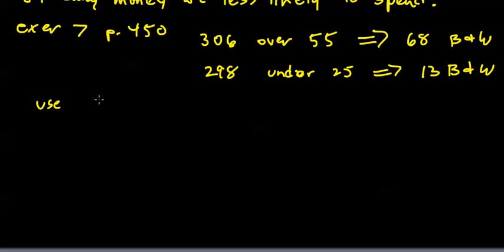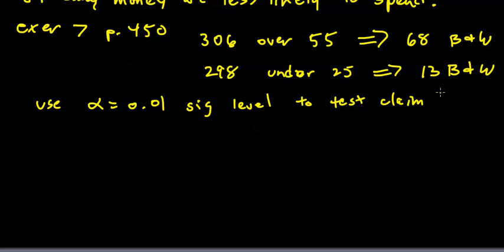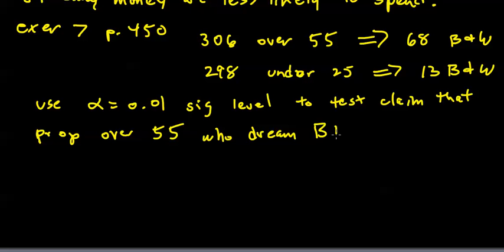Use a 0.01 significance level to test the claim that the proportion of people over 55 who dream in black and white is greater than the proportion for those under 25.